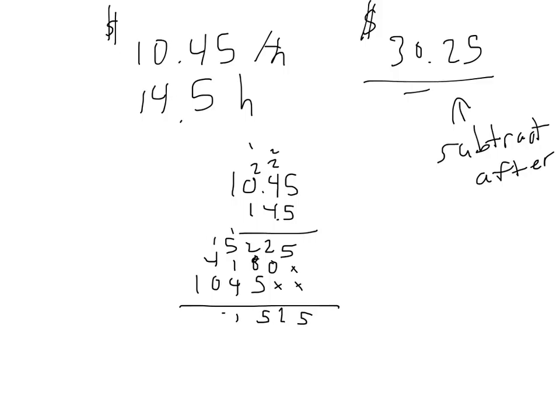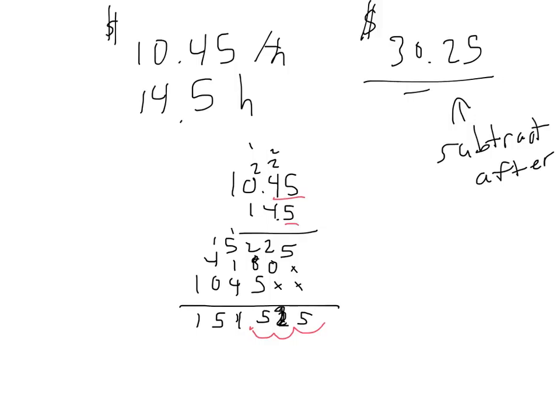Carry the 1, that's a 5, and that's a 1. Now, I have a 1, a 5, a 1, a 5, a 2, and a 5. So now I have to figure out how many decimal places that has. Using the Sweeney method. 1, 2, 3. That's 3 decimal places. I go over 1, 2, 3, right there.